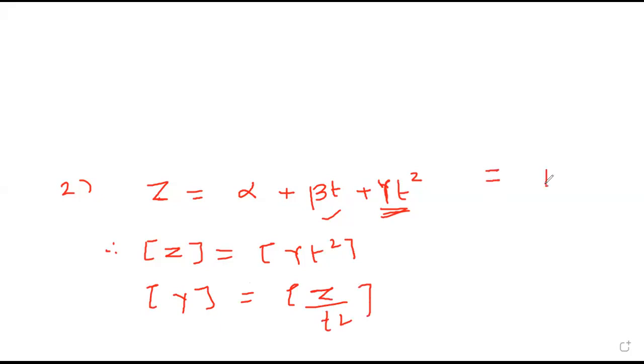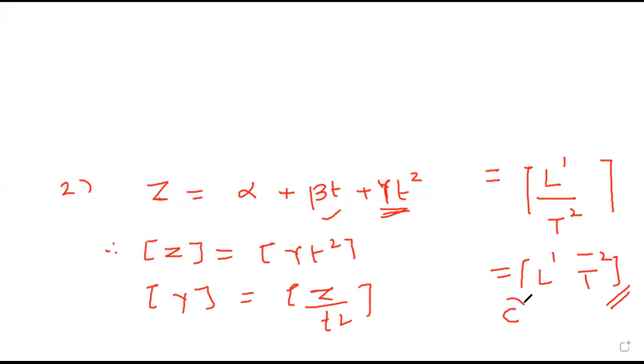Z is distance, so L1. T is time, t square. When I take it up, it is L1 T minus 2. This is my answer. Now, any doubt? No doubt, sir.